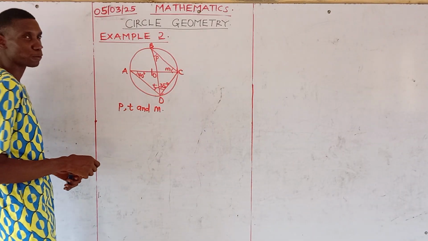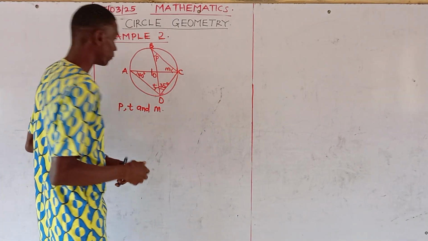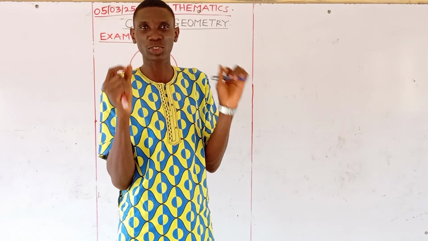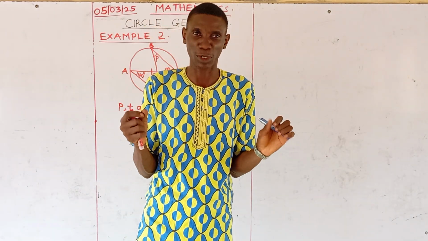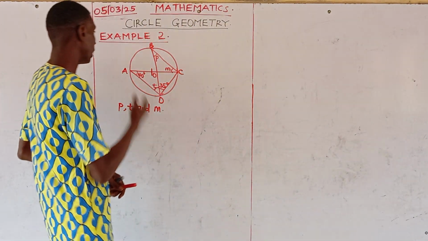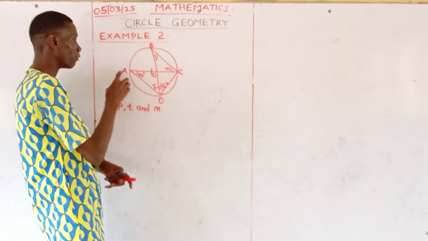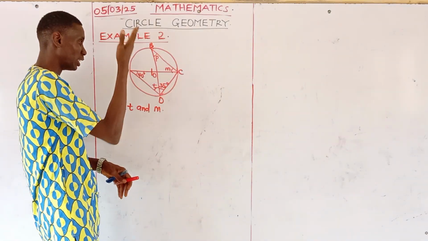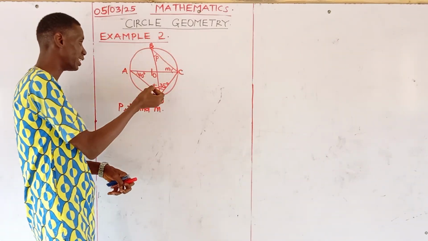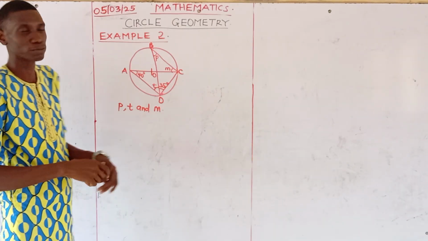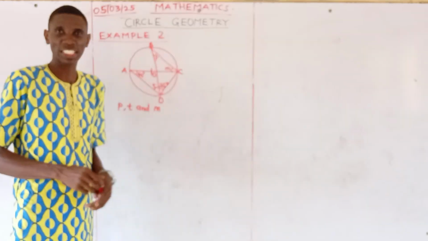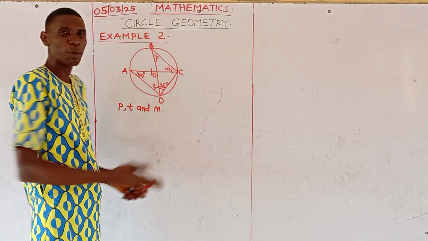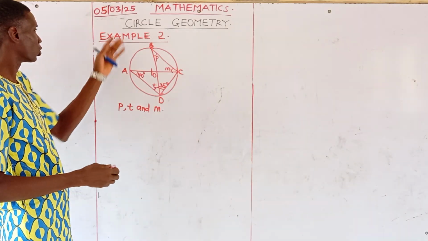According to our theorem 4, look at it very well. I've told you, whenever you want to solve circle geometry, always try to pick out the identification of what you are seeing here. Look at this question. We have a diameter. Since a diameter is present, it is likely that theorem 4 applies. We also have chords. Whenever you have chords, either theorem 2 or theorem 3 should come to your mind.